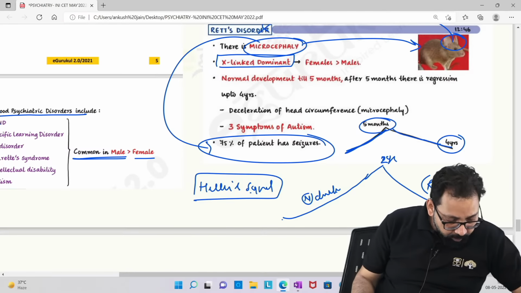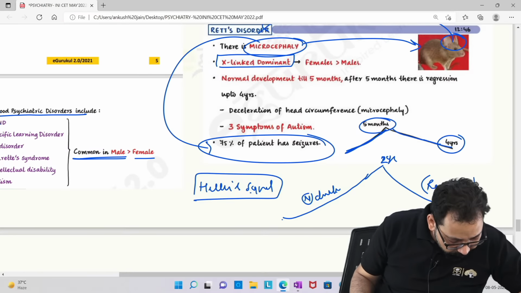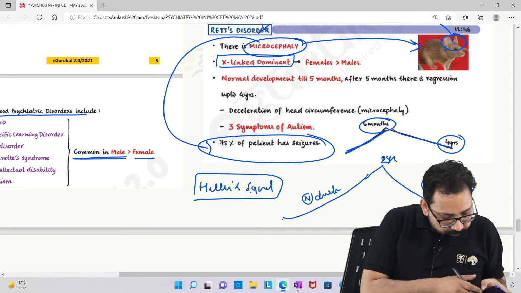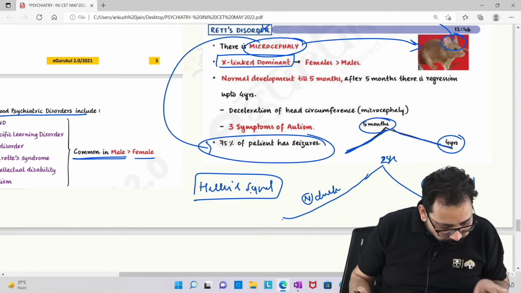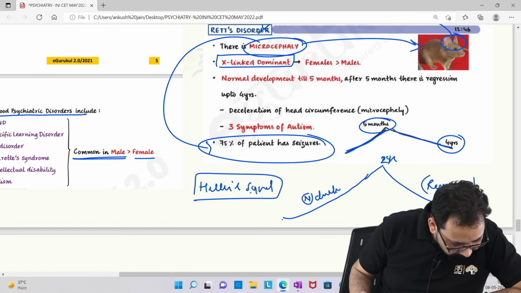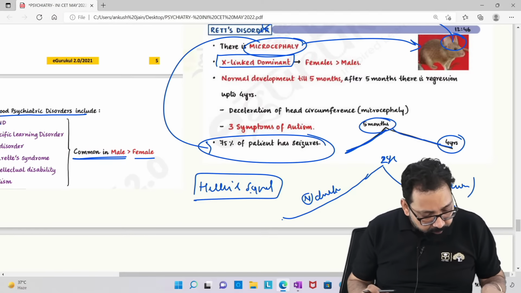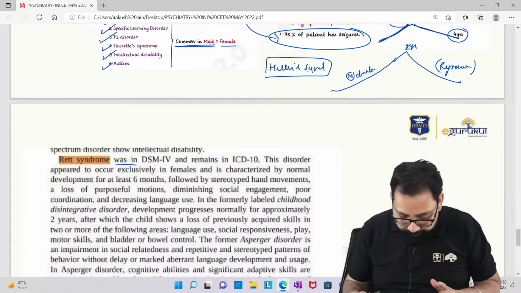Regarding bipolar disorder, one more question. Common in female, bipolar. Yes, bipolar according to the latest DSM-5.